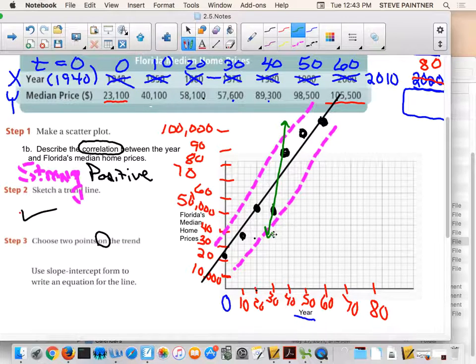So here's me thinking, well, I suppose I should pick, this one's a good one, right? And that point corresponds to 60, 105. 60 years, 105. You see how this says 500 back here, guys?